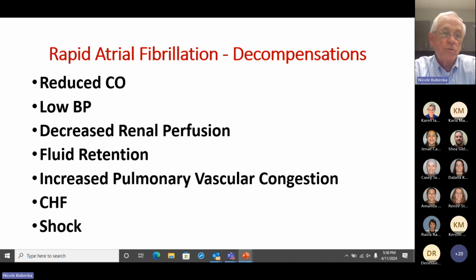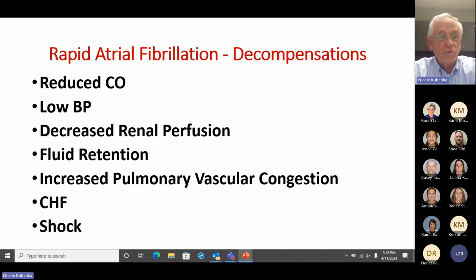So we've already kind of covered this. If you've got one of those factors and you have rapid atrial fibrillation, first thing it does is cause cardiac output to drop. Then it causes blood pressure to drop. Blood pressure drops, renal perfusion drops. Renal perfusion drops, people start retaining fluid. Their lungs get congested. They get more short of breath.